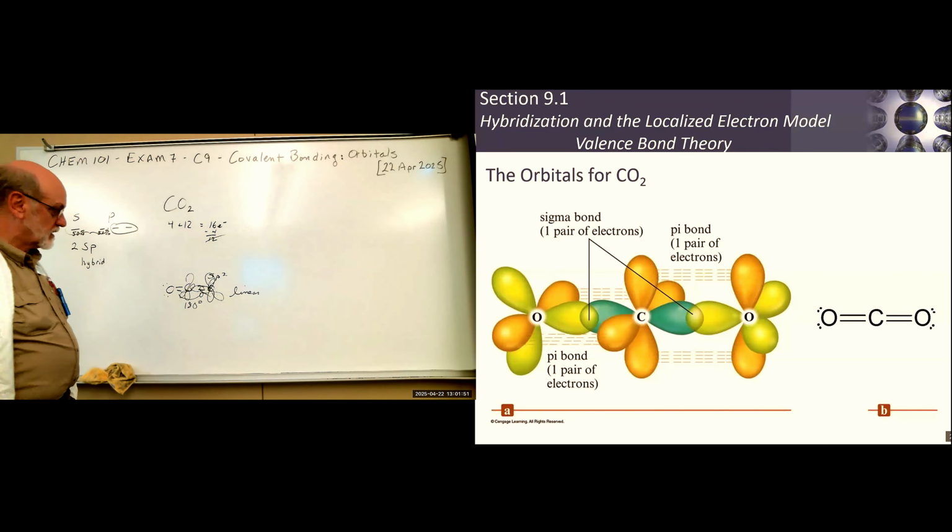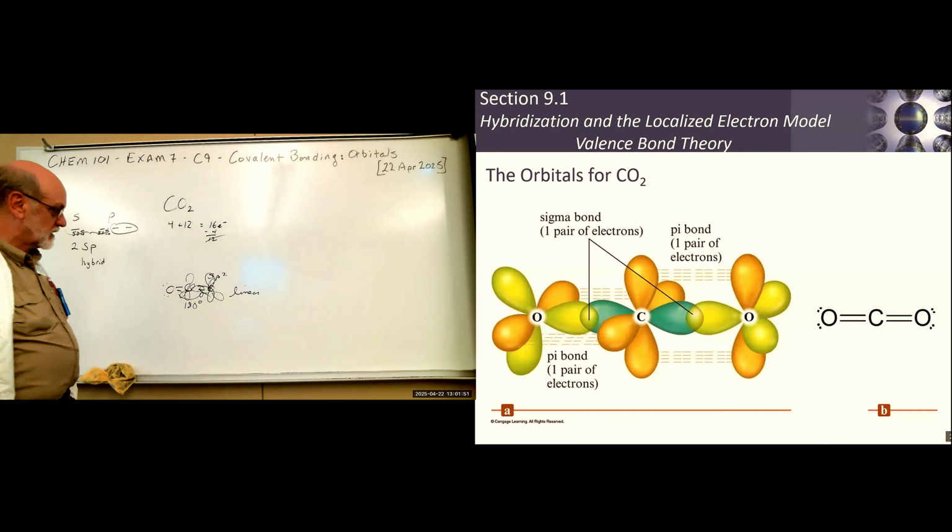Carbon happens to have 2 unused p orbitals, and each of the oxygens has 1 unused p orbital. So we get that balance and overlap. Okay, so there's the sp for the carbon and the sp2 for the oxygen overlapping on either side, and that forms the sigma bonds.